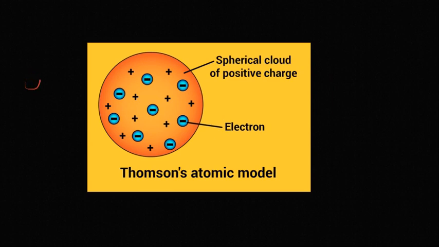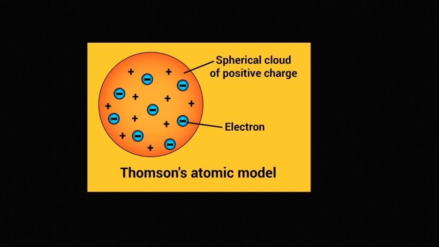They thought that the atom consists of positive as well as negative charge. It was in the year 1898 when a physicist by the name of J.J. Thomson first proposed the atomic model.